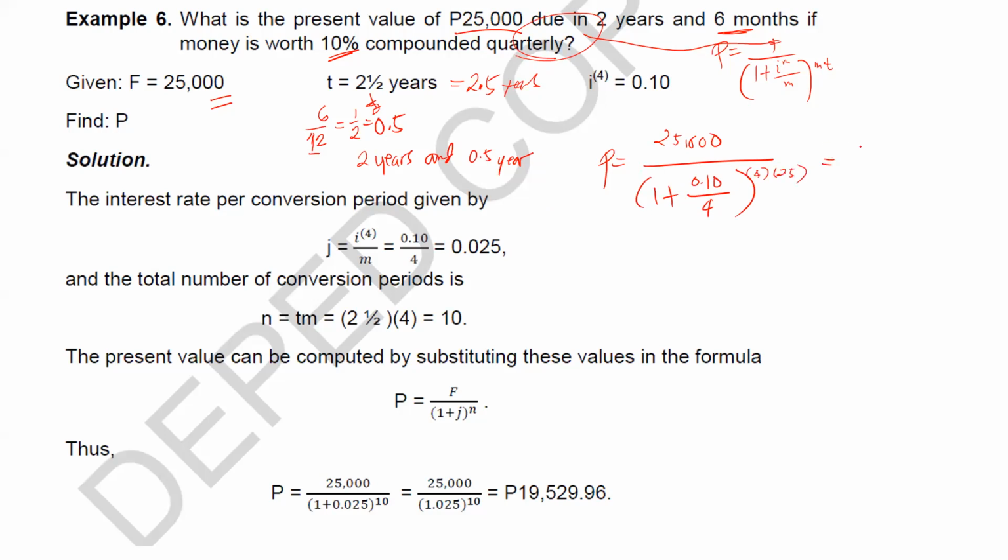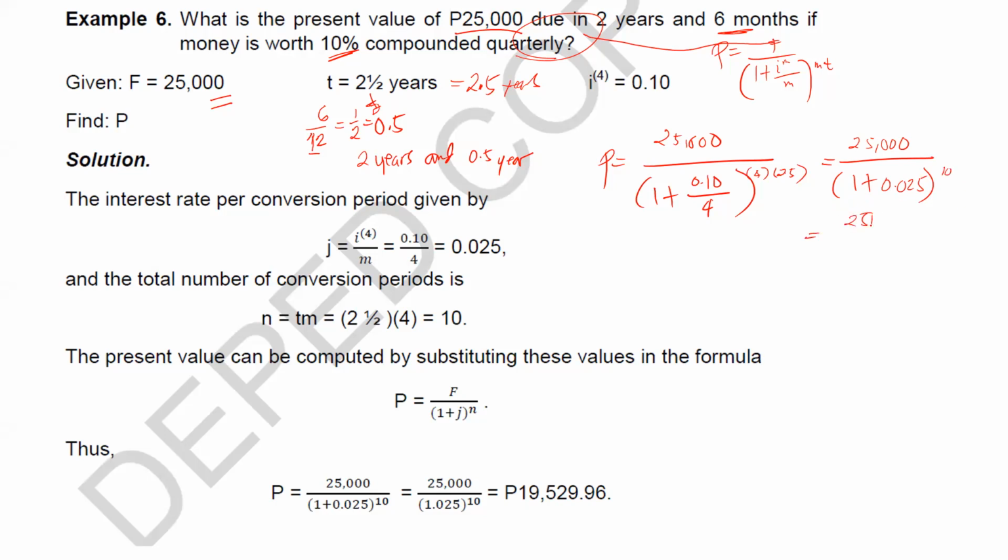So equals 25,000 divided by 1 plus 0.10 divided by 4, which is 0.025. We do not round off here; we only round off in the final answer. 4 times 2.5 is 10.